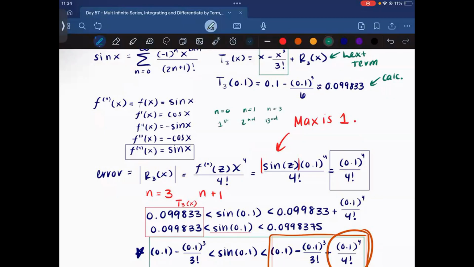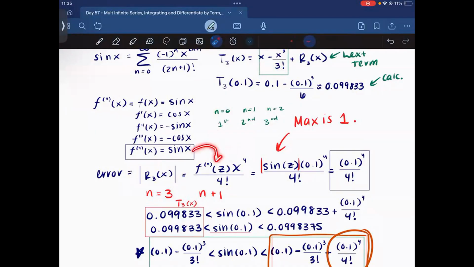Not for this one specifically right now, but just try to keep that mindset that the n value, sorry, I did make a mistake. The n value does not always correlate to the type of term it is. So that's why this is our third term, but it goes to our fourth degree, because it went for the first and then third, and then our next is our fourth degree.